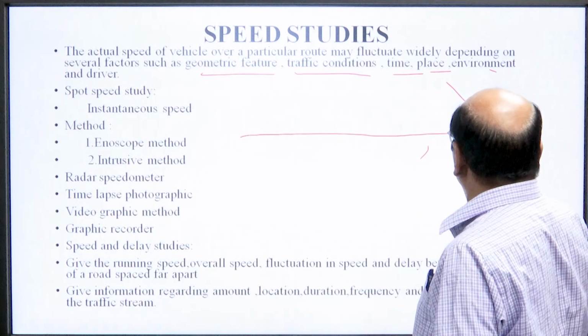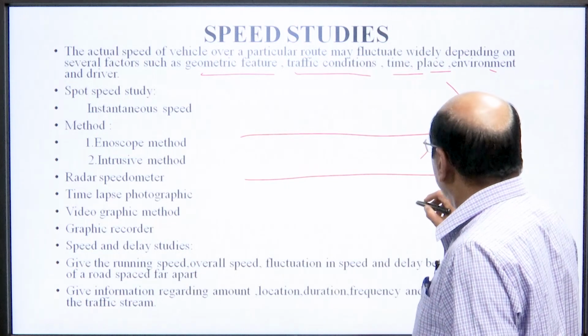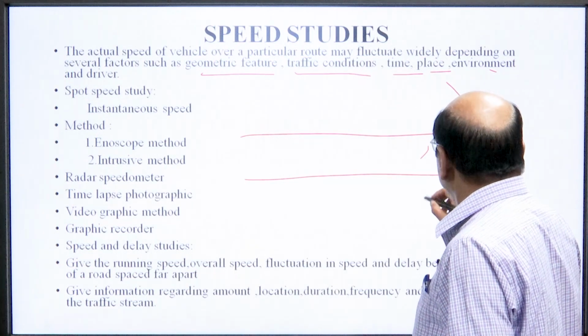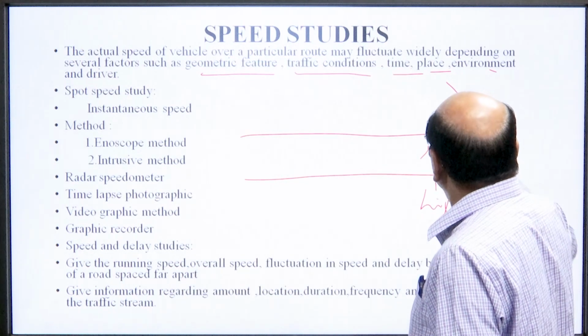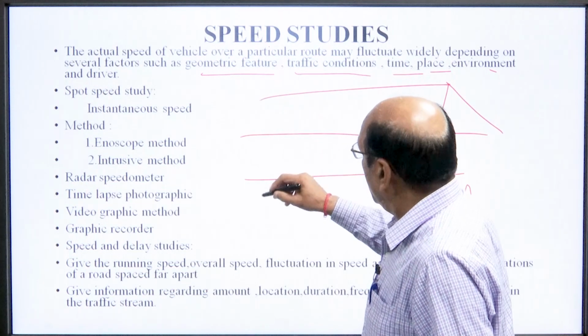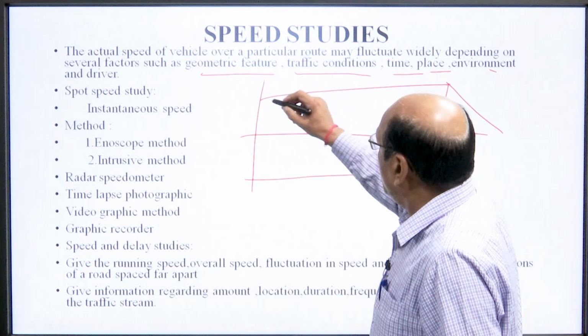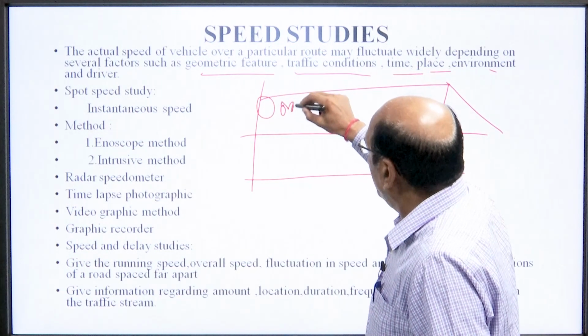Suppose this is a road, and there is a light. The light will go here and reflect here, and this is the observer.